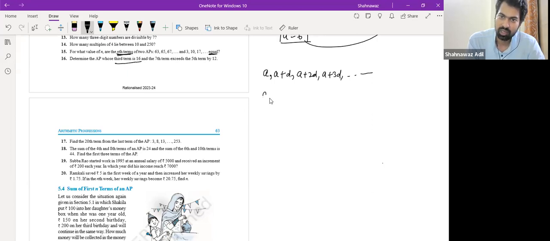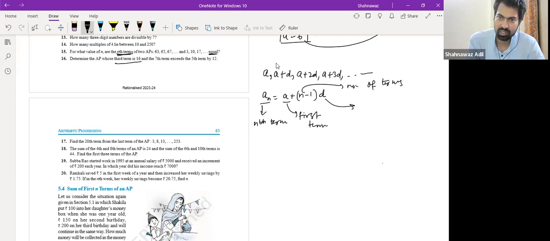So an is a plus n minus 1 into d. This is called the nth term. This is the first term, this is the number of terms, and this is the common difference that each succeeding term has.